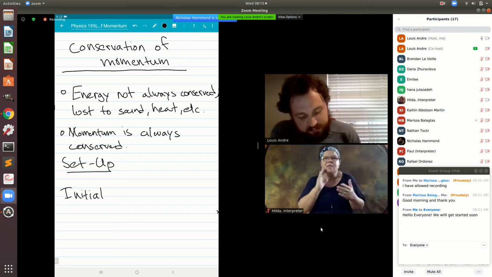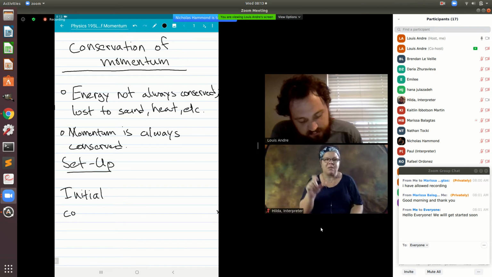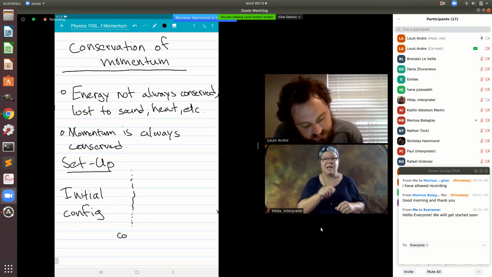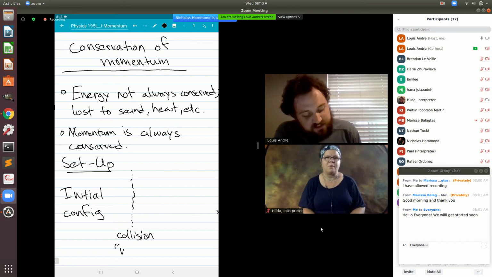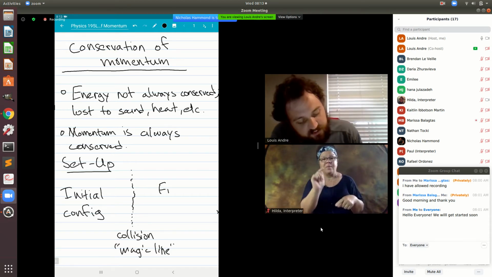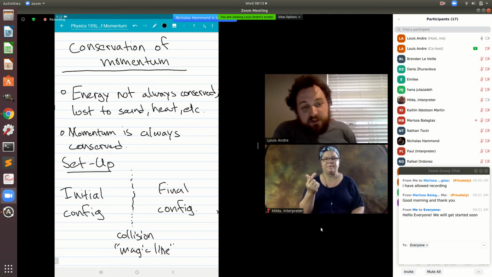Then I draw my dotted line. That's my collision, or when the magic happens. That's my magic line. That's where stuff happens, and this is going to be your final configuration.